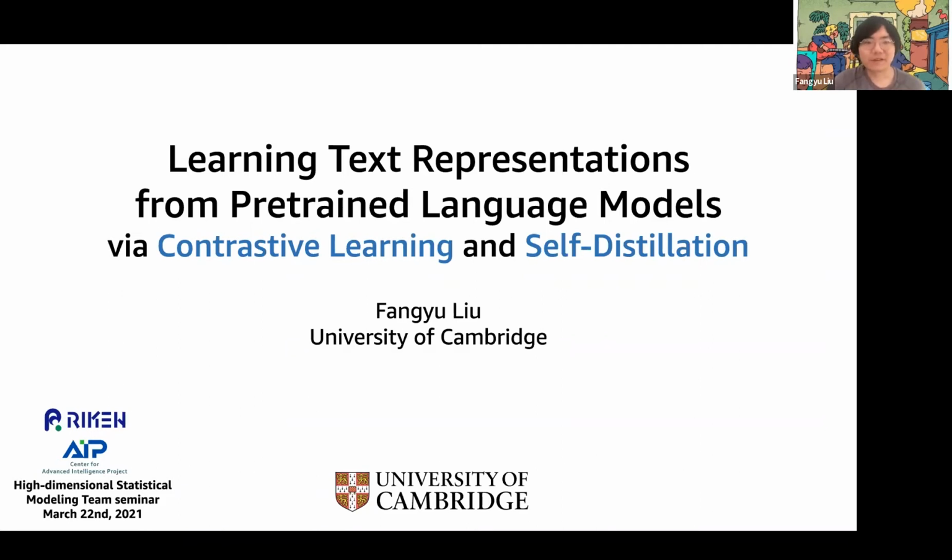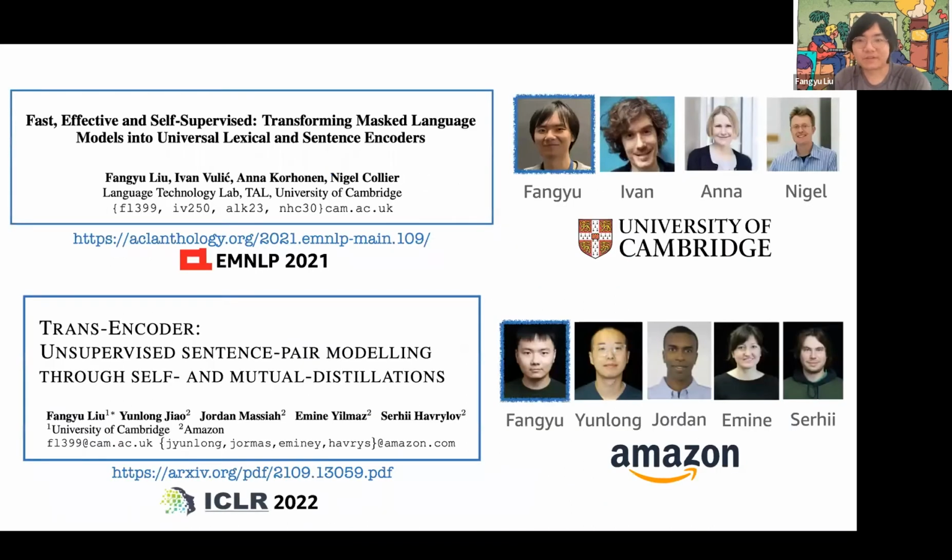The title is Learning Text Representations from Pre-trained Language Models, and the technique used would be contrastive learning and self-distillation. So I'm trying to squeeze 2 works into just this one talk. The first would be using the contrastive learning technique.